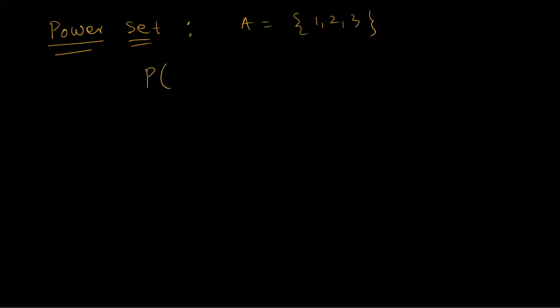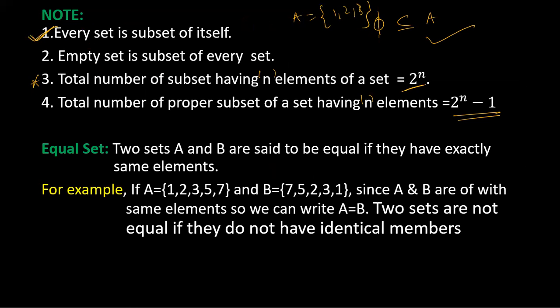The power set is usually denoted as P of the set A. How can we write it? We need to write all the possible subsets of A, that is 1, 2, 3. How many possible subsets can we define? We have just seen the note. Every set is a subset of itself, and the empty set is a subset of every set.